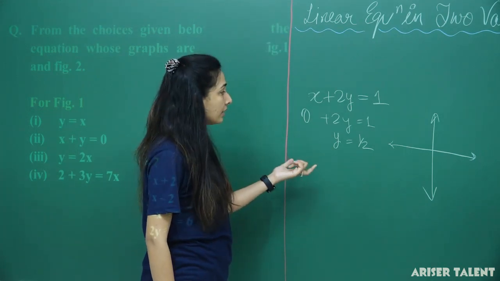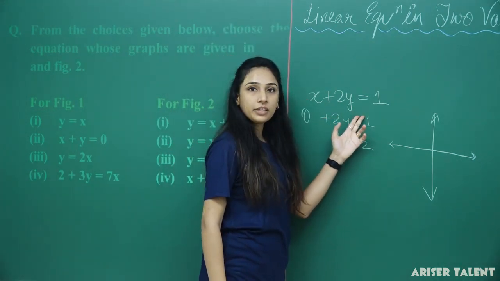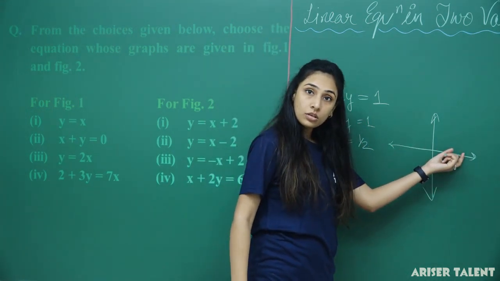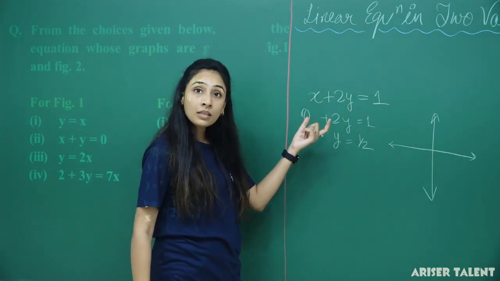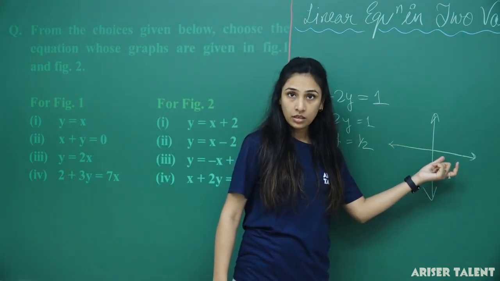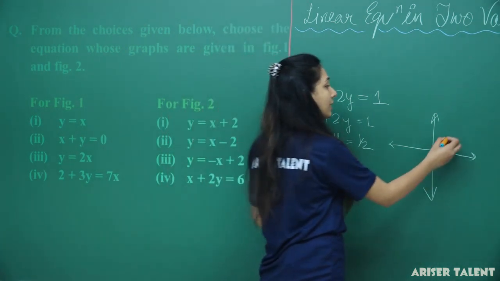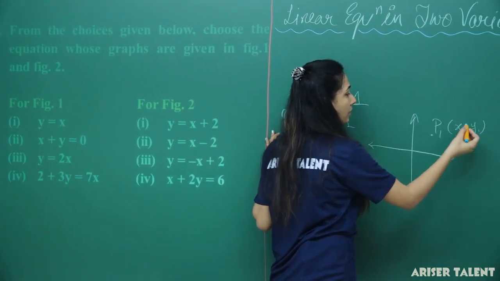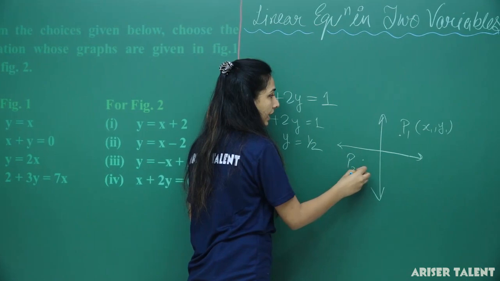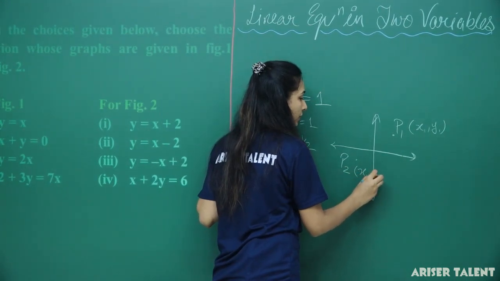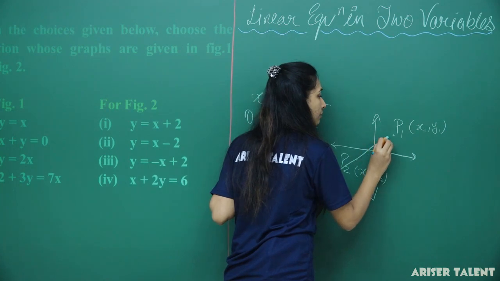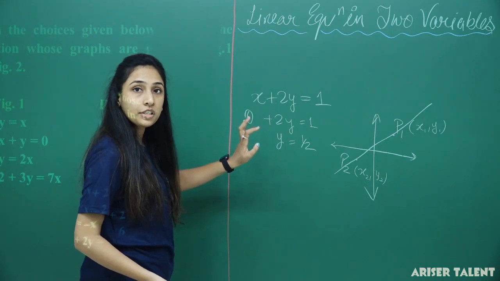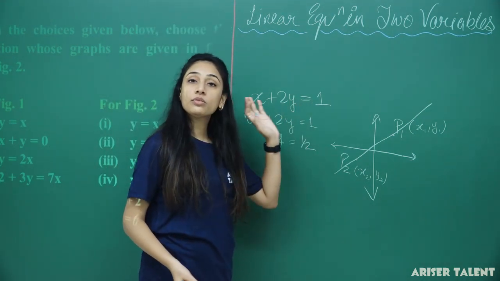Similarly, if you have the equation and some values and you plot them on a graph, that means these values should satisfy the equation. If you have a point P1 with values x1, y1, and P2 with values x2, y2, and the line is passing through these points, then when you put the x1, y1 values in the equation, the RHS should equal the LHS.